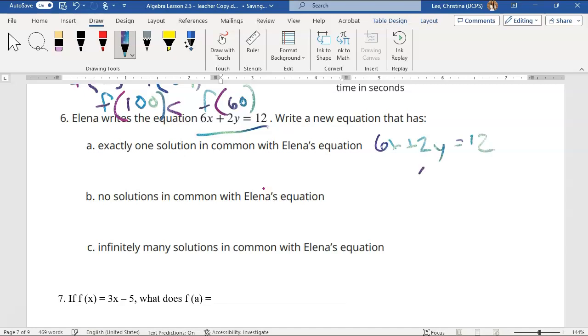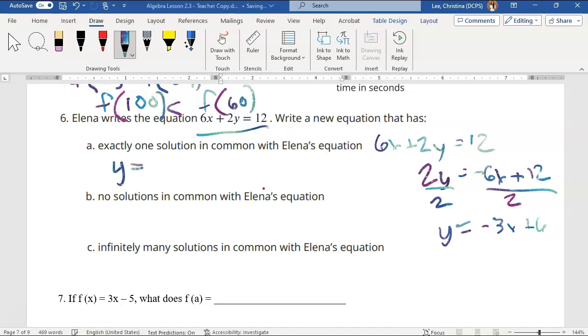Let's rewrite this as 2y equals -6x plus 12. Divide both sides by 2, we get y is equal to -3x plus 6. So any equation that has a different slope, so I could say y equals 3x plus 5, for example, would have one solution.